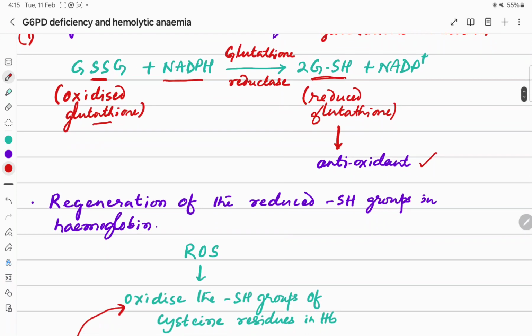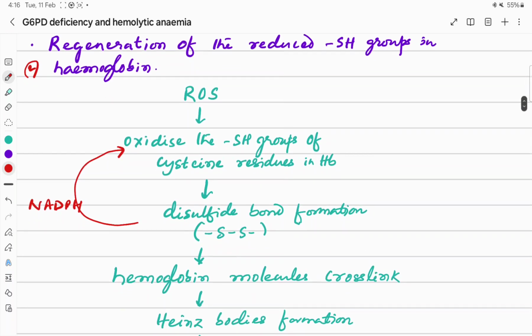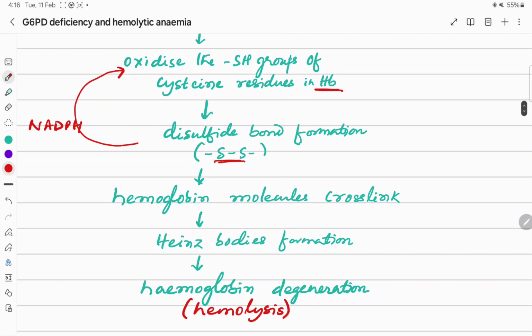And second, it regenerates the reduced SH groups in hemoglobin. So reactive oxygen species actually oxidizes the SH groups of cysteine residue in hemoglobin and converts them to the disulfide bond. So the hemoglobin molecules cross-link and form Heinz bodies, which causes degeneration of the hemoglobin.